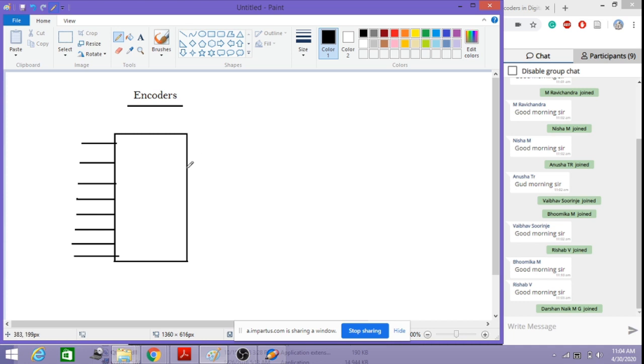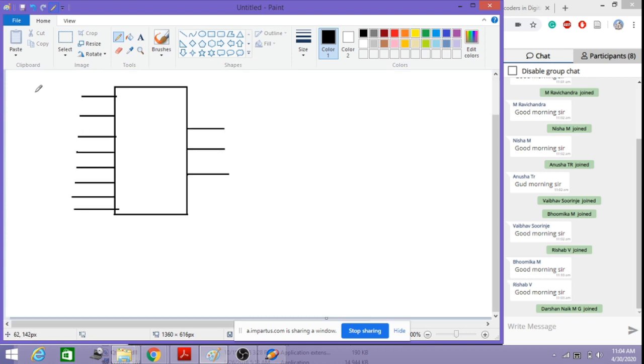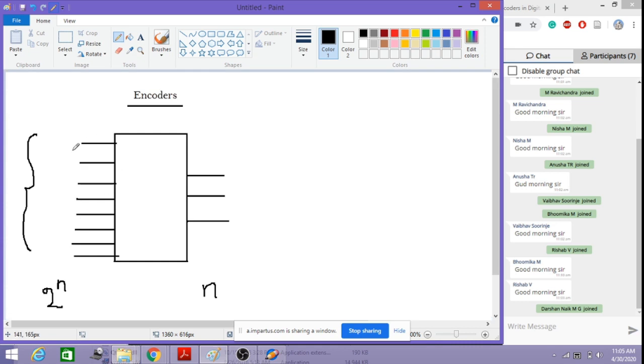So I have 8 inputs here, and the encoder will have 3 outputs. It means that if we have 2 to the power of n inputs, then the outputs will be represented by n. So if we have 3 outputs, then it will have 2 to the power of 3, which is equal to 8 inputs.